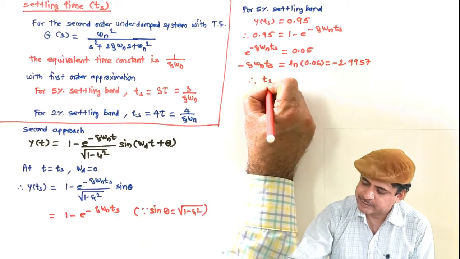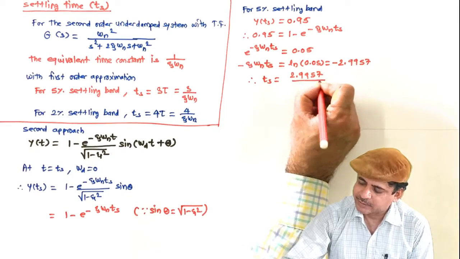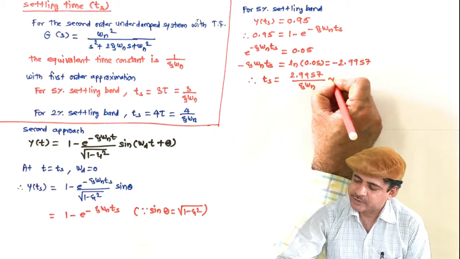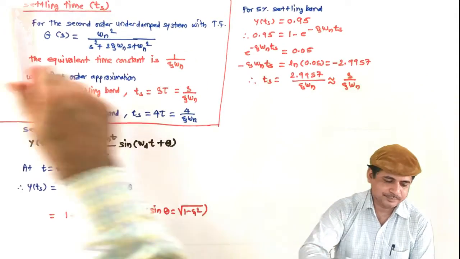So Ts is equal to 2.9957 divided by zeta omega n, which is almost equal to 3 upon zeta omega n.